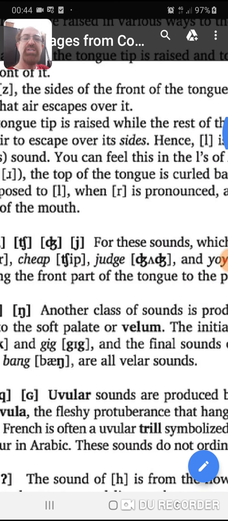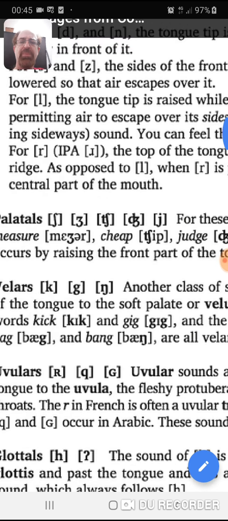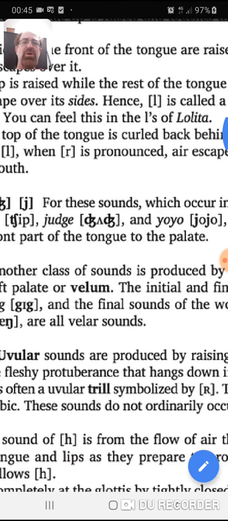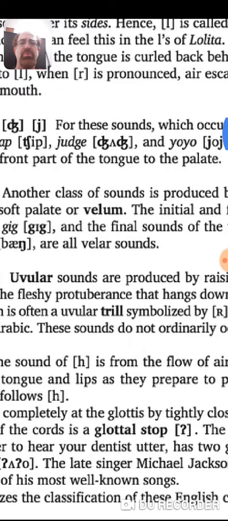Okay, j like judge. We have it in Iraqi. Ja'a, ja'a, rajul. But in Lebanese, if they want to say rajul, they say rajul. Okay, and yo-yo, it's no problem.